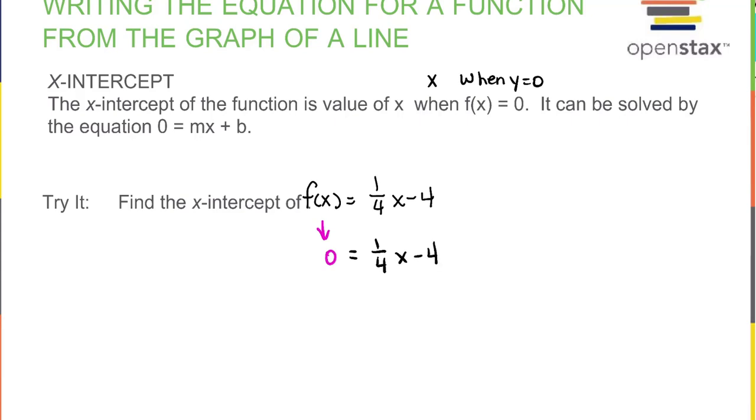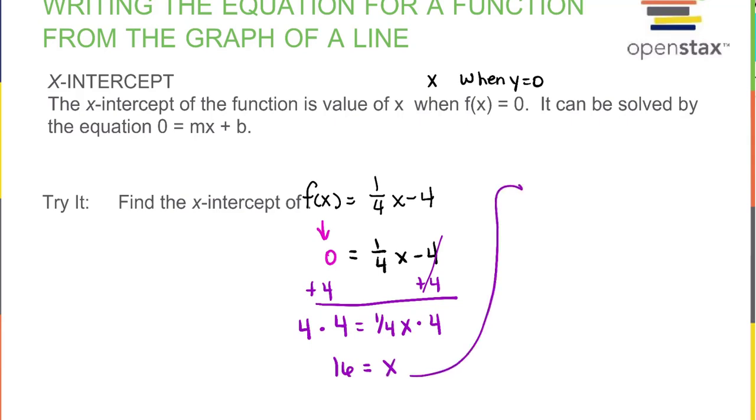So in this case, I would add 4 to both sides, and that leaves 4 equals 1/4 x, because the 4's cancel. And then you're going to multiply both sides by 4, the reciprocal of 1/4, which is 4. And on the left I get 16. On the right I get 4 over 4, which is 1x. So x equals 16.